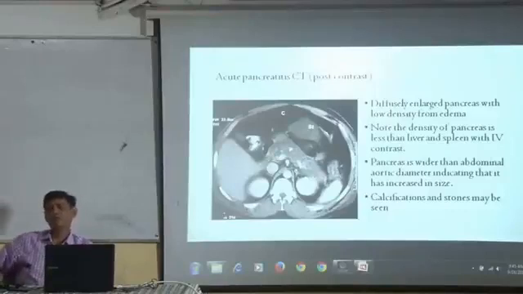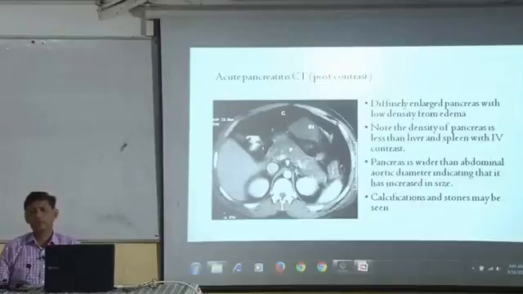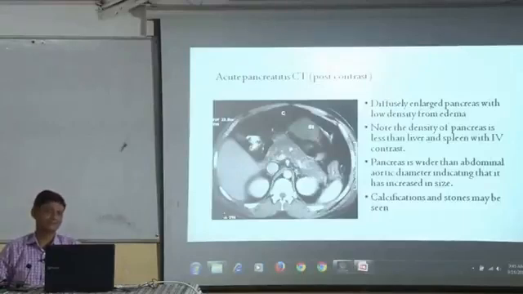Now what I was saying was idiopathic pancreatitis. Idiopathic technically means that we don't know the etiology. But it has been found that the most common gene that is associated with idiopathic pancreatitis is the cystic fibrosis gene. Okay?